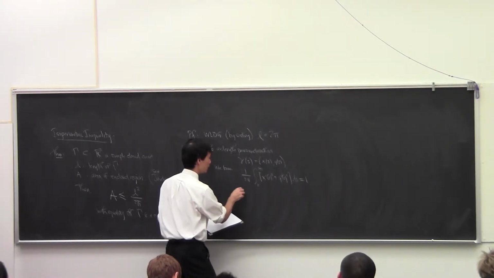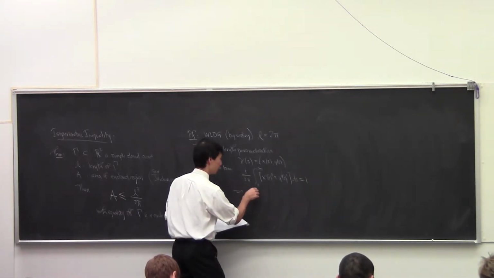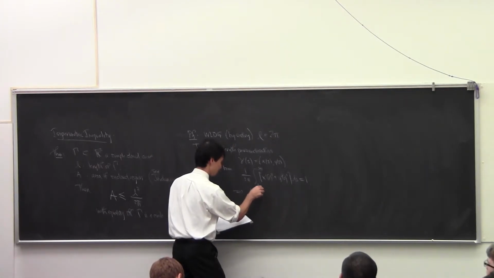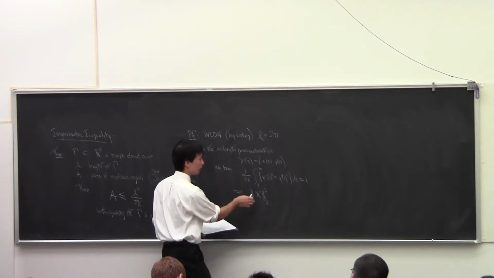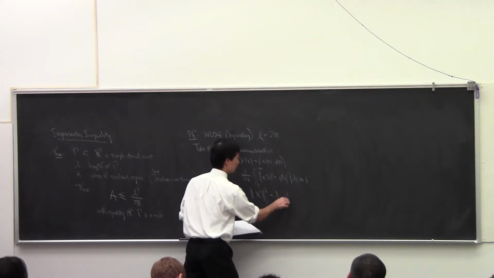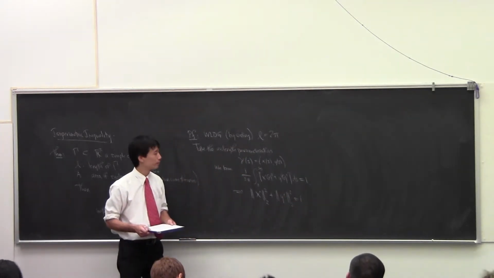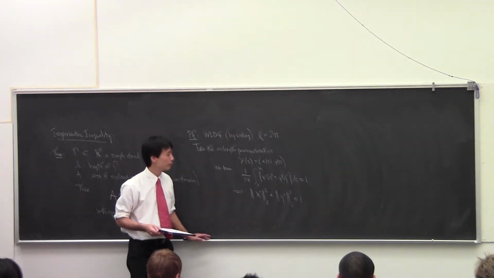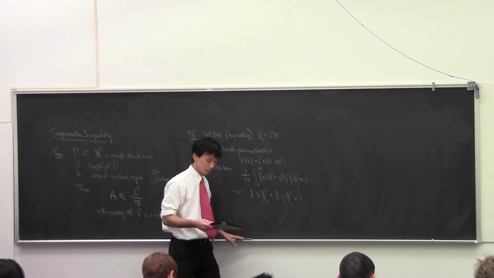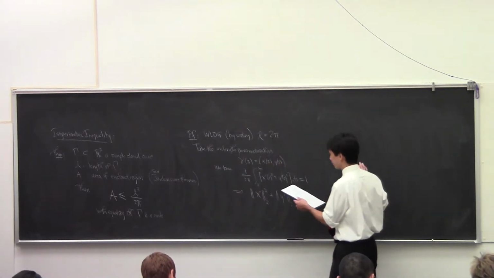In other words, if we write this in the L2 notation, this says that the L2 norm of x prime squared plus the L2 norm of y prime squared is 1. That's what it says, using the L2 notation.